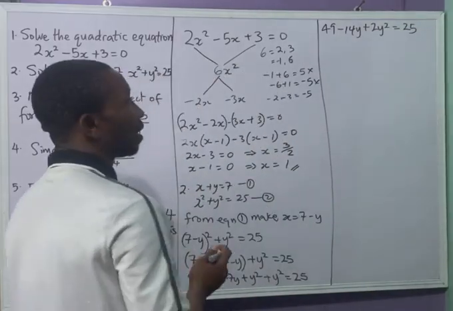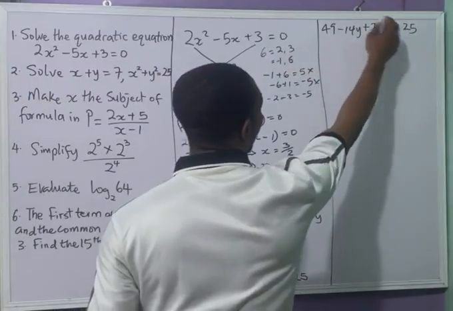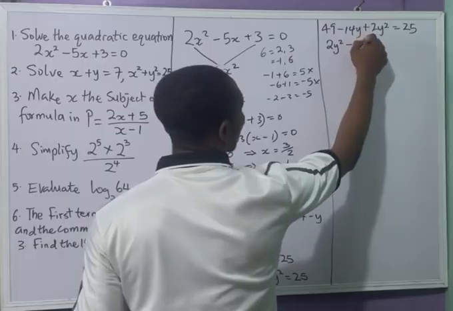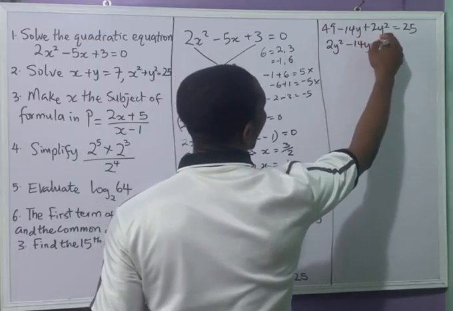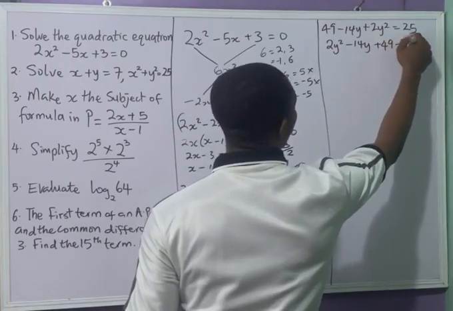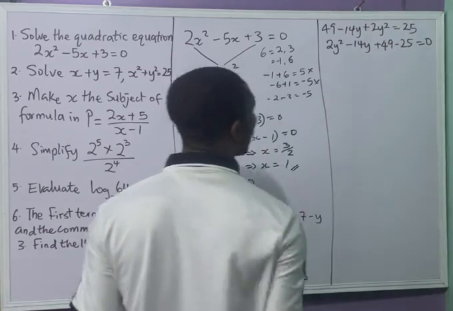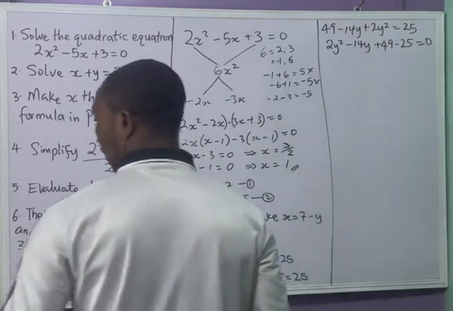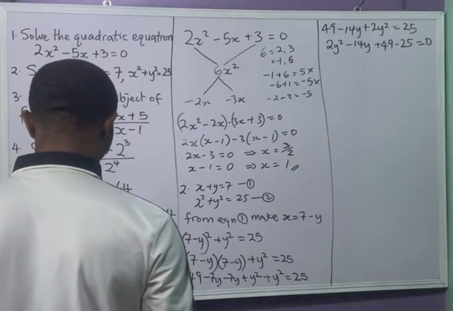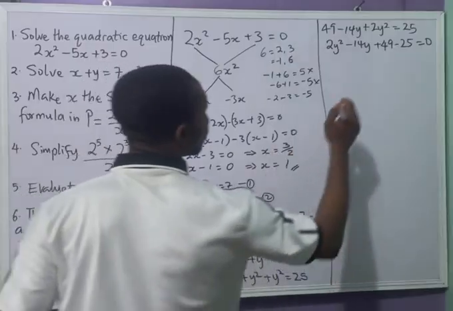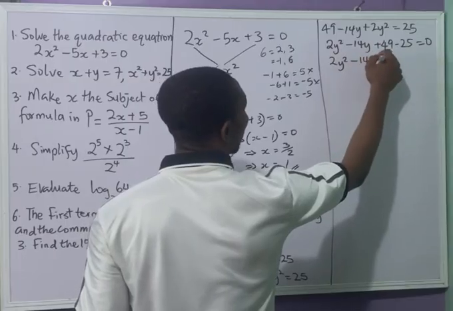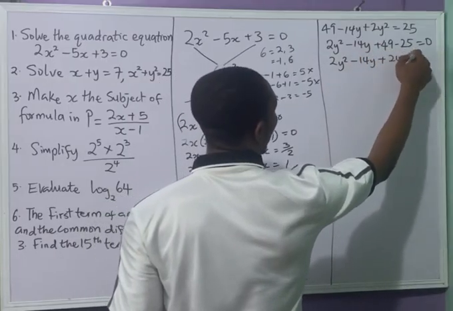Now make it look like a quadratic equation. Rearranging, 2y squared minus 14y plus 49 minus 25 equals 0. So 49 minus 25 gives us 24. So this gives us 2y squared minus 14y plus 24 equals 0.